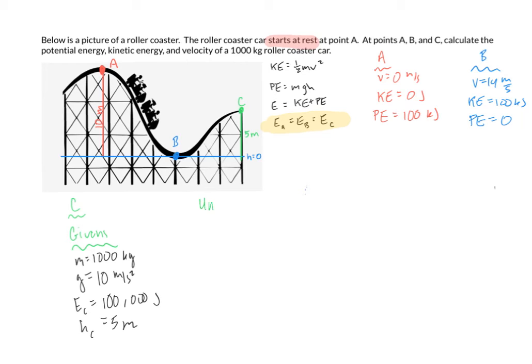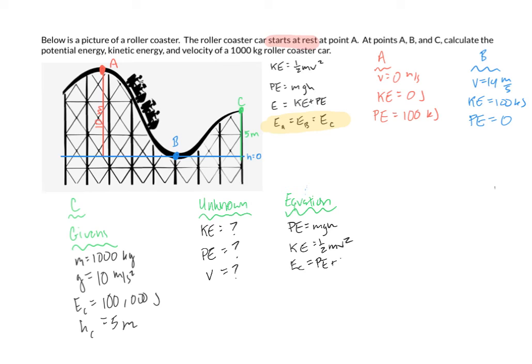My unknowns here are, as always, KE, PE, my potential energy, and my speed. I'm going to use the same equations that I used for point B: PE equals mgh, KE equals 1/2 mv squared, and E at C equals PE plus KE.